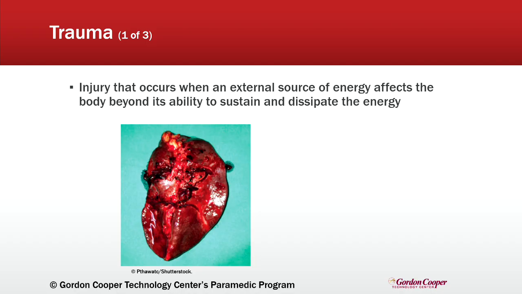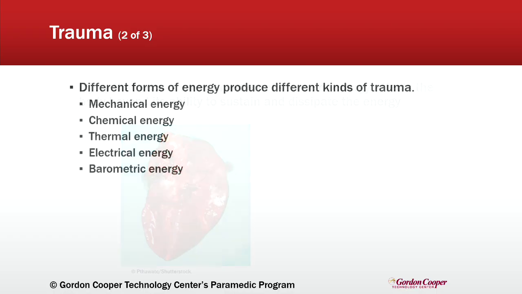So when more energy comes into contact with the body than it can sustain or dissipate, that's when we're going to wind up with trauma or damage to the tissues, or damage to the body's ability or an organ system's ability to continue to do the things that it normally would do under normal circumstances.